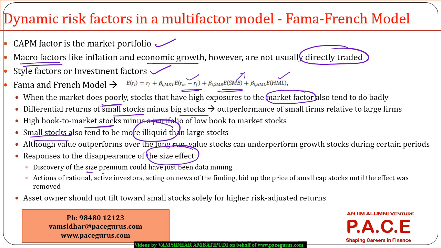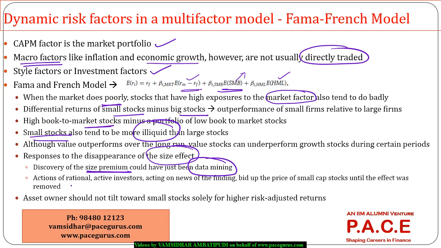It has been observed that, to a large extent, whatever size premium came out could be an impact of the data mining process, mining the data so deeply. So the pattern that small stocks have been overperforming over large stocks is purely a scenario of data mining.